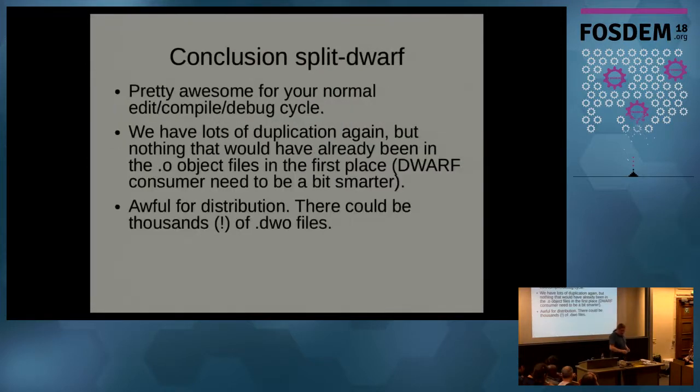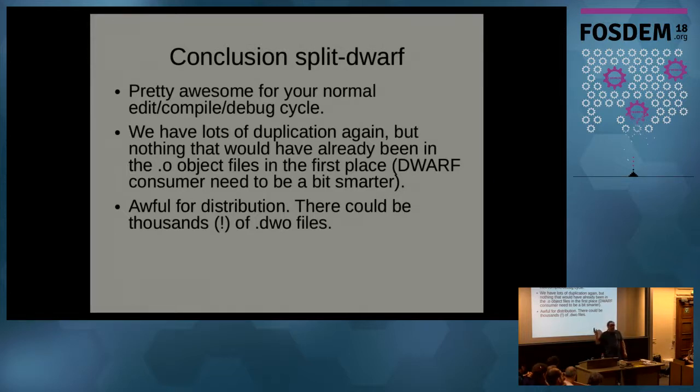So this is really nice for your normal edit, compile, debug cycle, because the compiler has to put the debug info aside for most of it, but the linker doesn't need to see it, doesn't need to copy it.